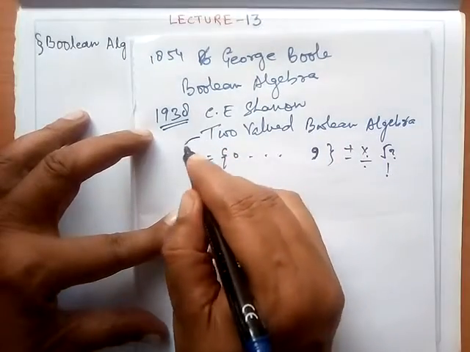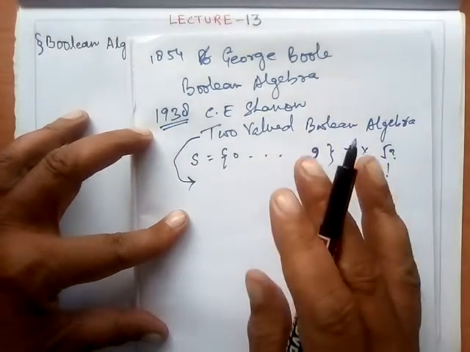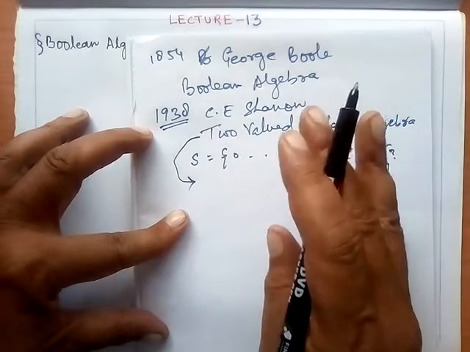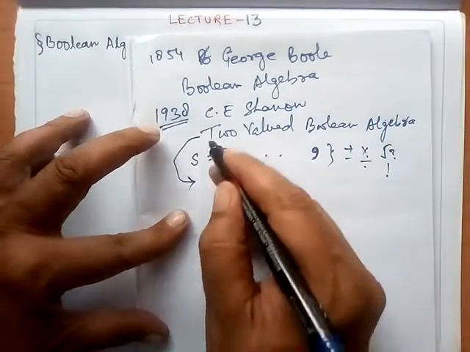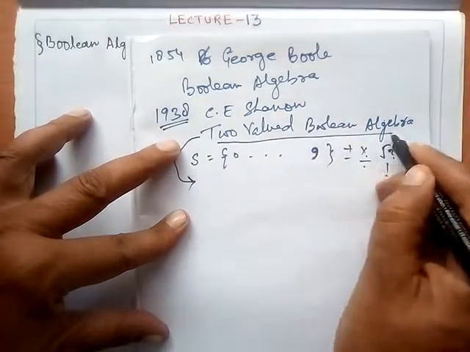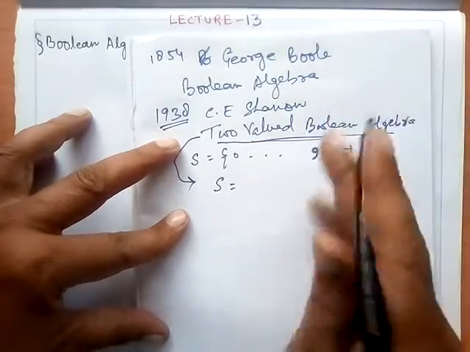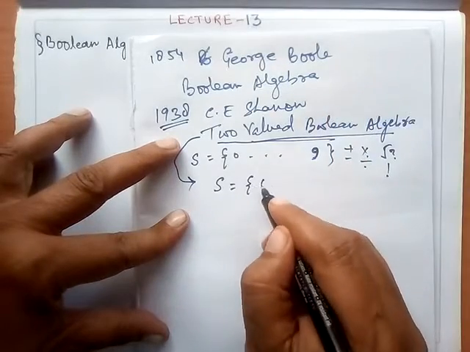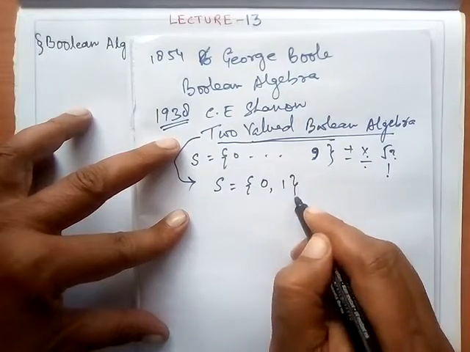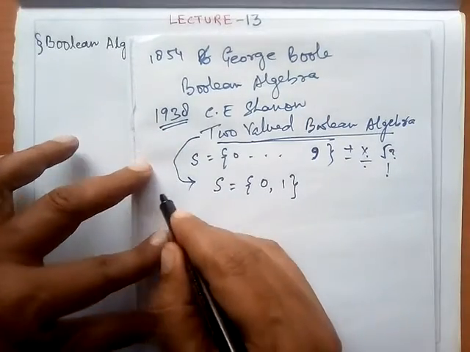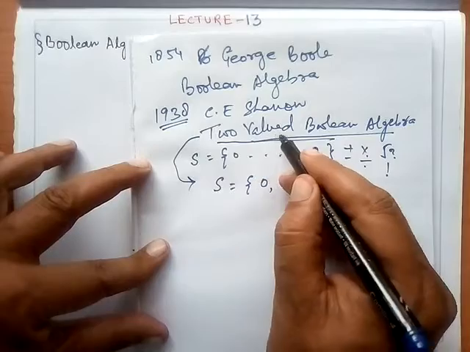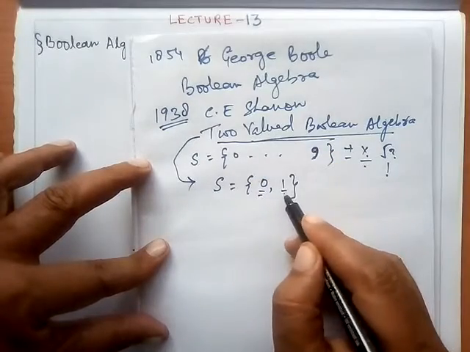So this particular two-valued algebra is defined on a set of two elements, 0 and 1. Two-valued means there are two elements, 0 and 1.